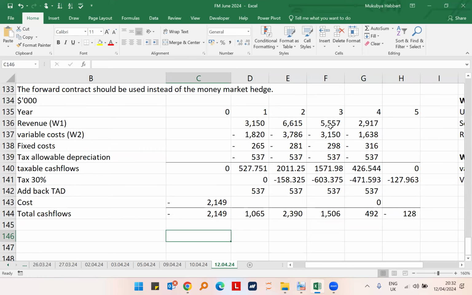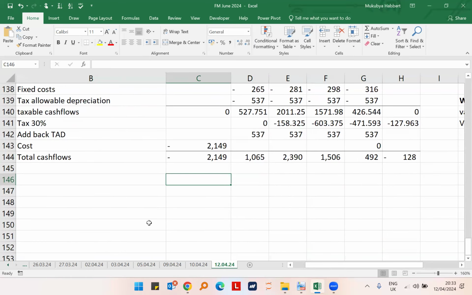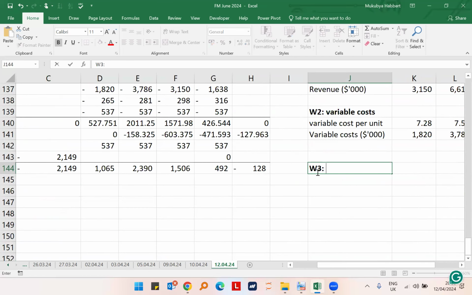And because they are nominal cash flows, we have to now go on and now inflate, right? Because remember, we have been given the real weighted cost of capital. So this is the real cash flow. So we have real. So we can actually have here a working 3 nominal cost of capital.